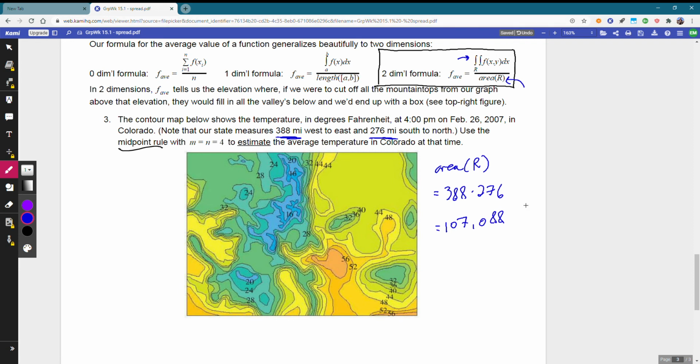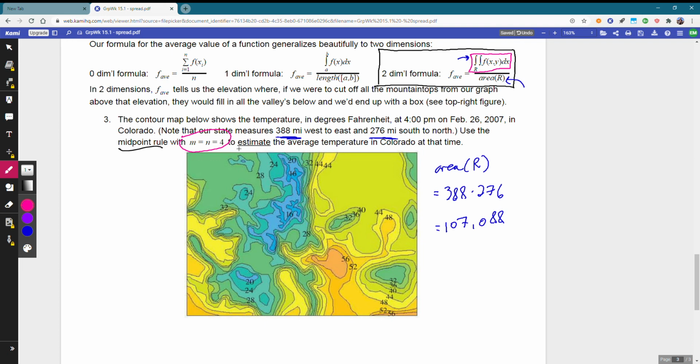And all right, so now if we're going to estimate our double integral, then we just need our grid, and that's handed to us here. And so 4 and 4, so moving across in the x direction or the y direction, we're moving through 4 boxes.